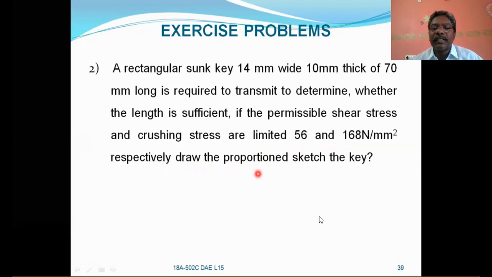Draw the proportion sketch of the key. So this is to be solved the same as the previous case. First, check for the shear stress, determine the length. If it is not sufficient, you can determine and check for both the shearing as well as crushing.